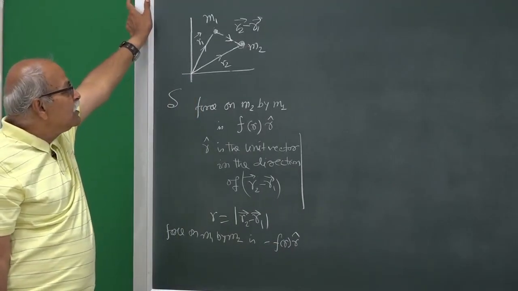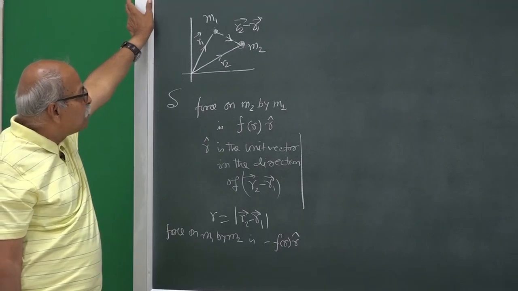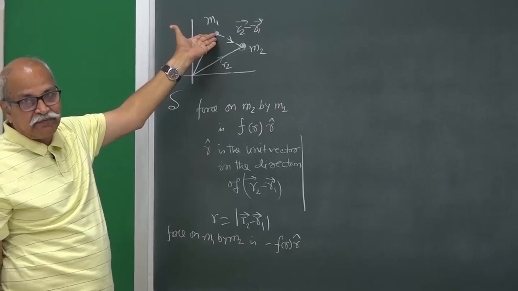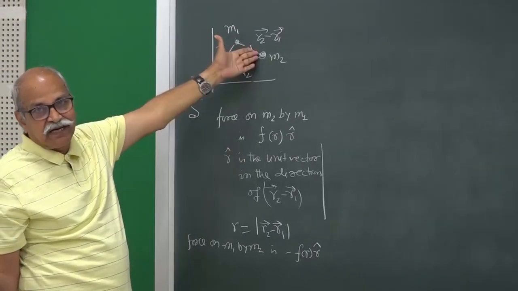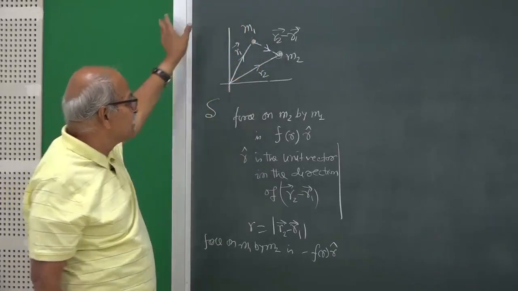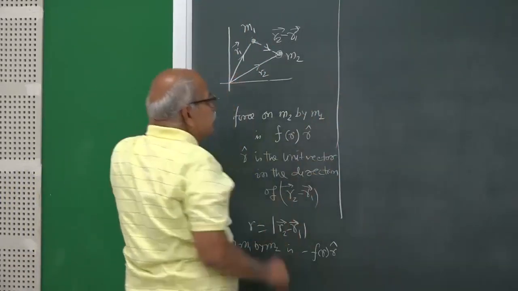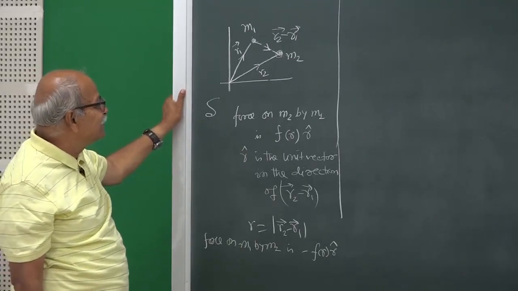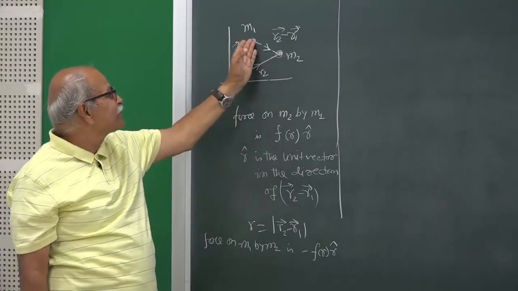So, how do we discuss the motion of m2 and of m1, because it is a two body problem, both are moving, both are accelerating, and therefore, to consider that motion we change variables, because we are interested in the motion of m2 as seen from m1.